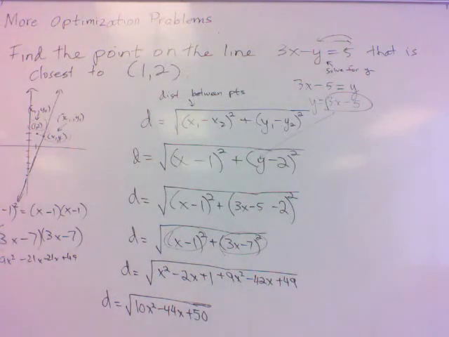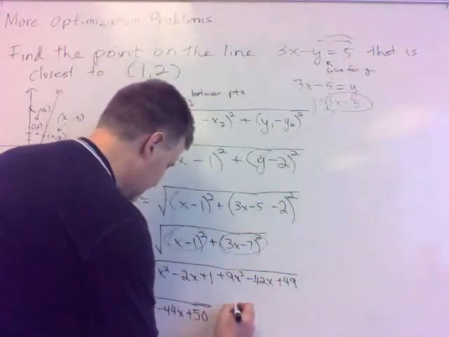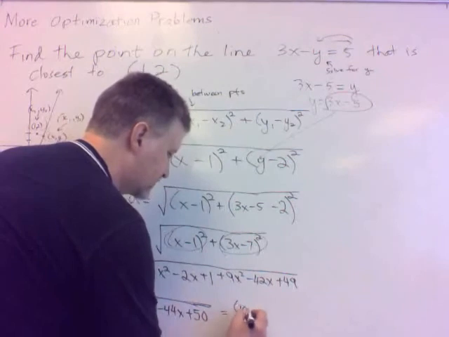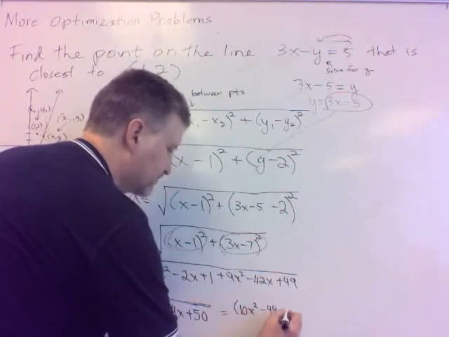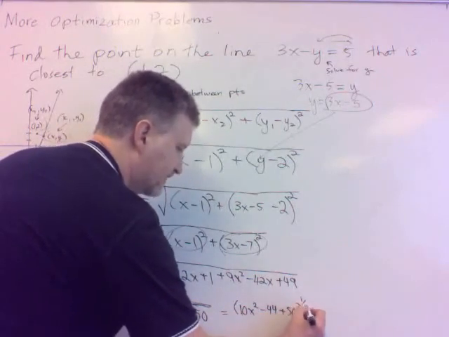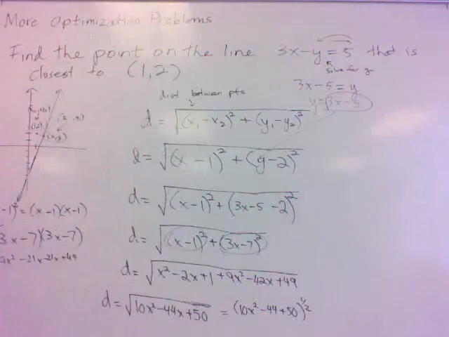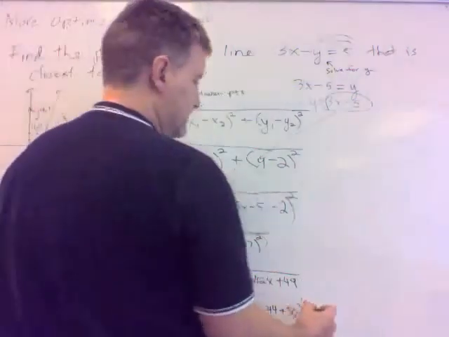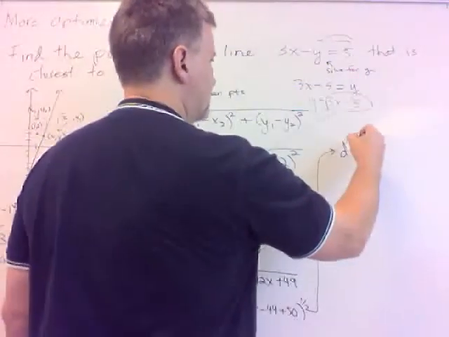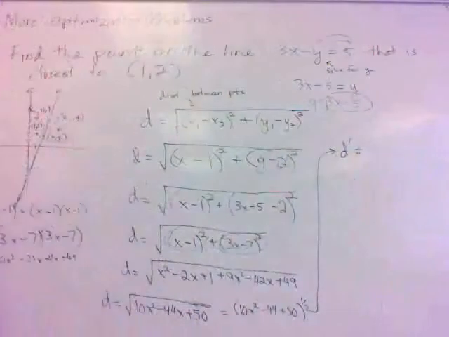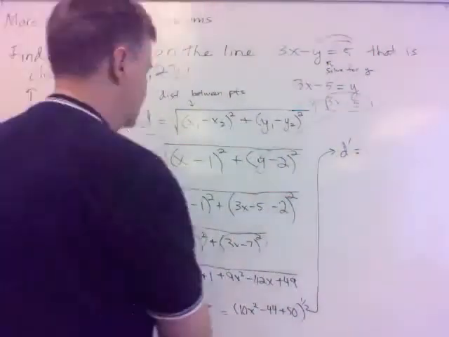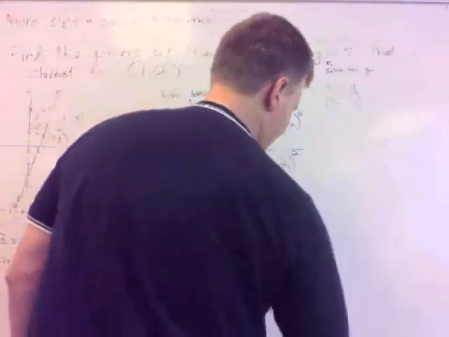Pointer number 2. I'm going to do the derivative. And so how am I going to do the derivative of that? What rule? It's chain rule. So let's write that not as a square root, but as (10x squared minus 44x plus 50) to the 1/2 power. Right? So now I can do the chain rule pretty easily. So I'm going to get the derivative here. I know I'm going to need more room than that.